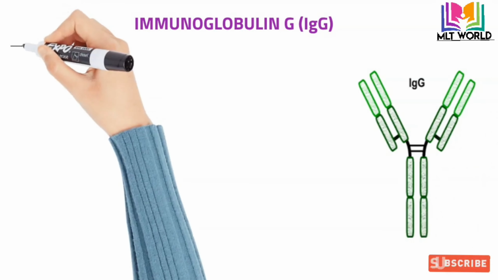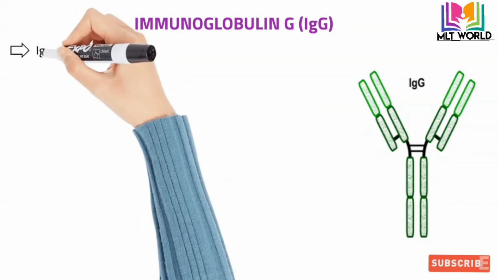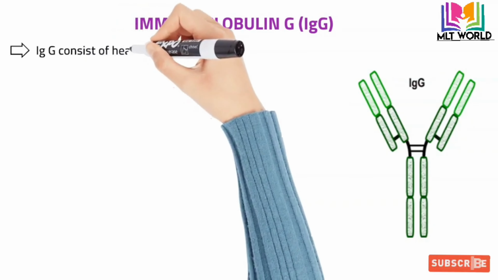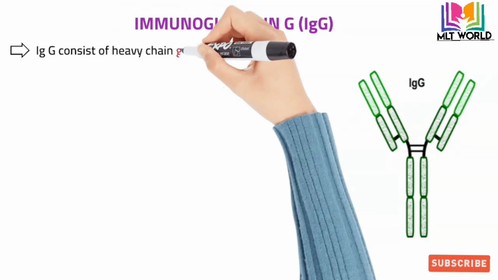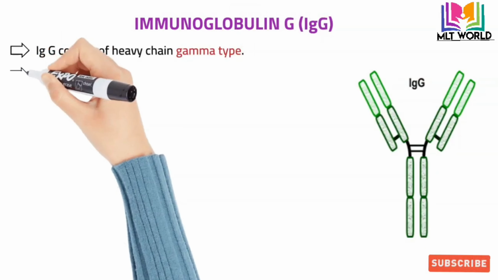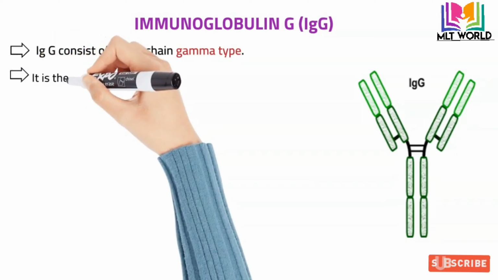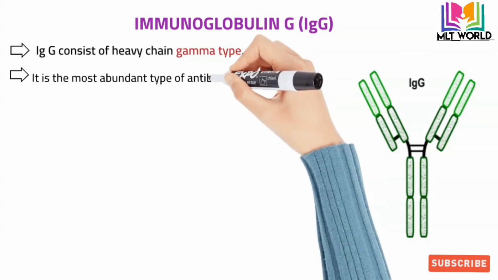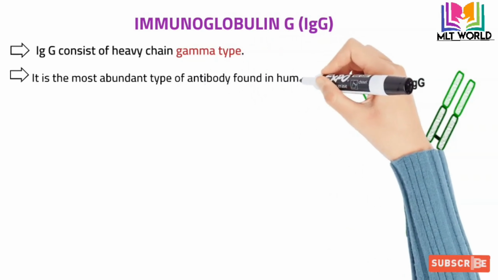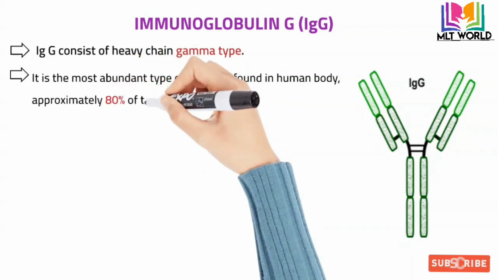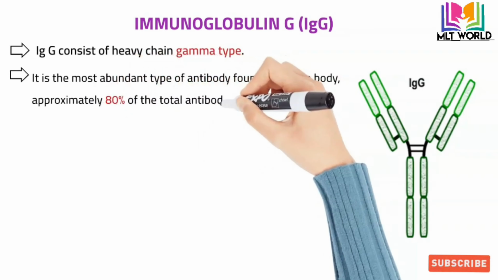First of all, we will discuss immunoglobulin G, also called IgG. IgG is a single unit antibody, and it is the most abundant antibody found in our blood, and the heavy chain present in this antibody is gamma type.